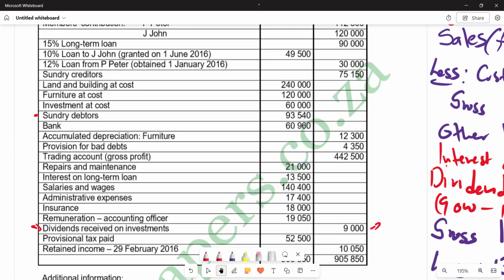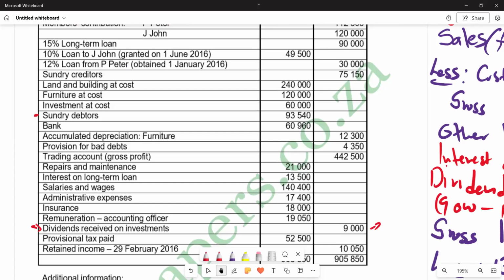Net profit that we have there. So here the net profit that we are getting is before interest, not tax, because remember we also have interest that we need to charge, and that's where the interest expense is going to come.